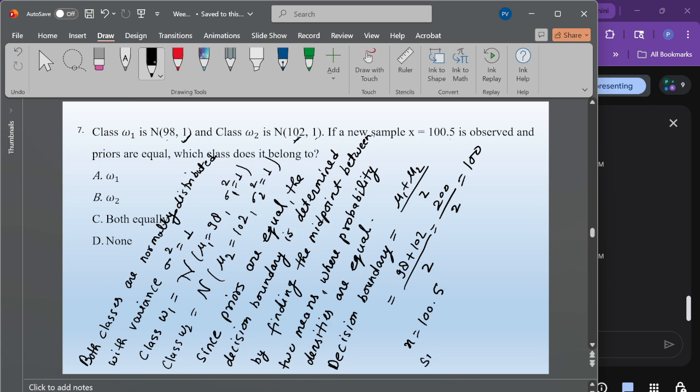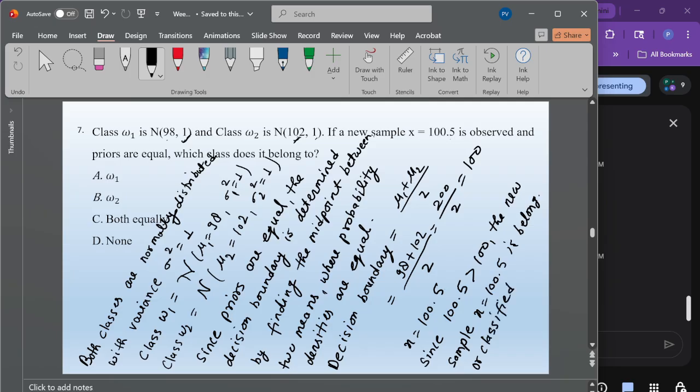So since 100.5 is greater than 100, the new sample x is classified into class omega 2.